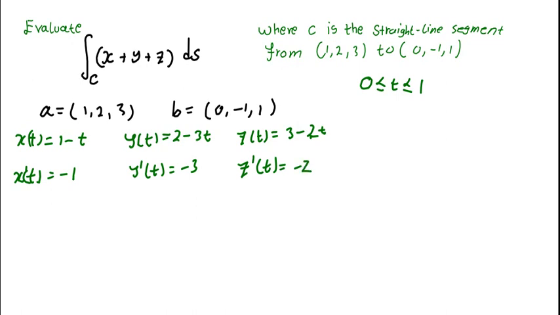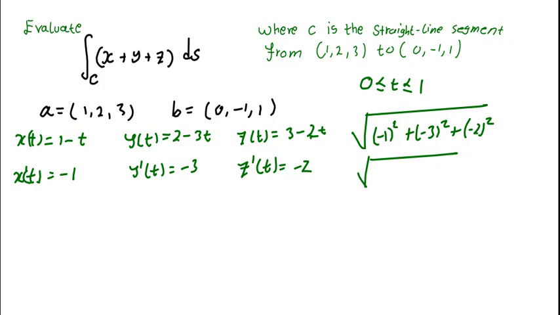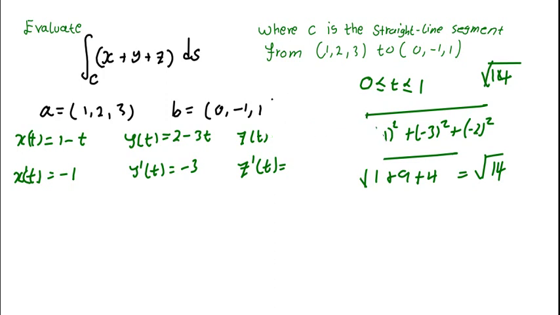Okay, so if we put these in a square root and square each of them, giving more like a magnitude kind of thing, this is going to be negative 1 squared plus negative 3 squared plus negative 2 squared. So this will be the square root of 1 plus 9 plus 4. What do we end up with? This is going to be square root of 14. Okay, so let's go ahead and utilize that.